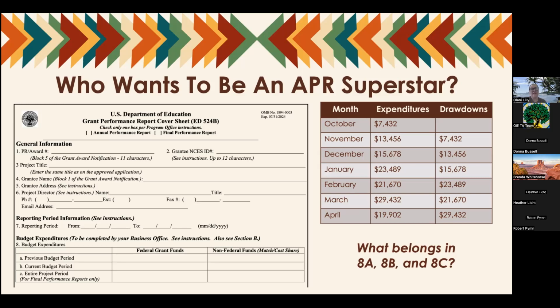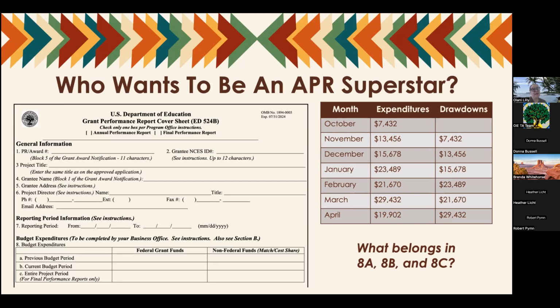What we want to utilize to complete these questions is first this chart here. You can see the months in the first column, the second is the expenditures, and the third column is drawdowns.